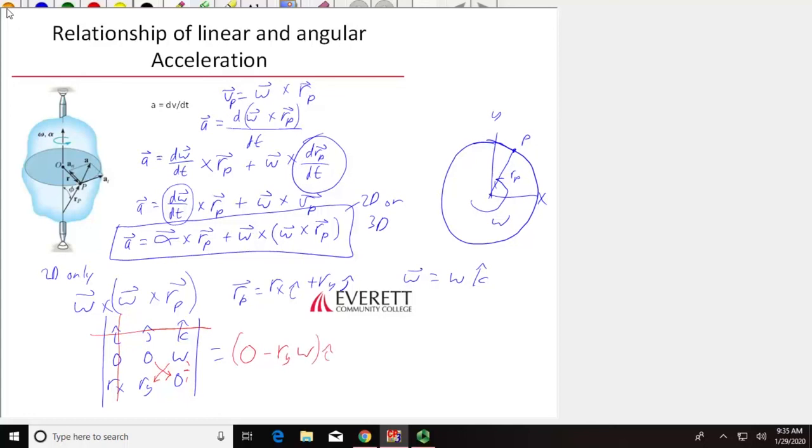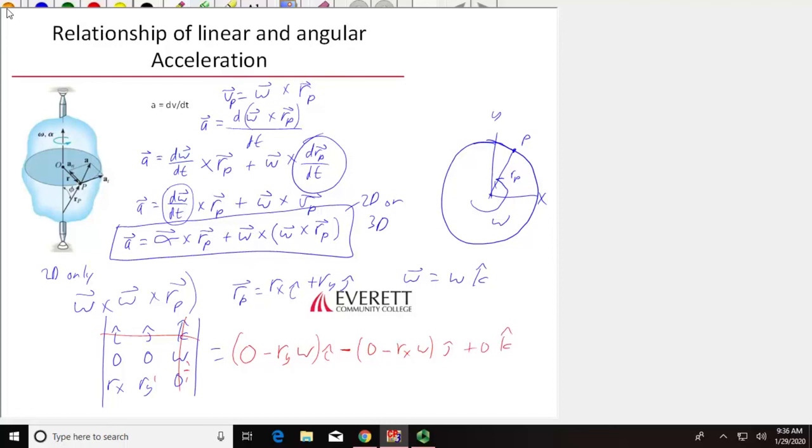You guys with me? This should be review. And then we subtract, because it's j, we subtract the determinant of that 2 by 2 matrix, which would be 0 minus r_x omega times j. And if we look at k, we get 0 times 0 plus 0k.